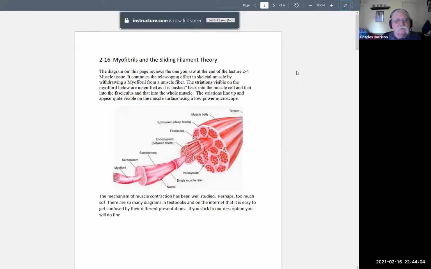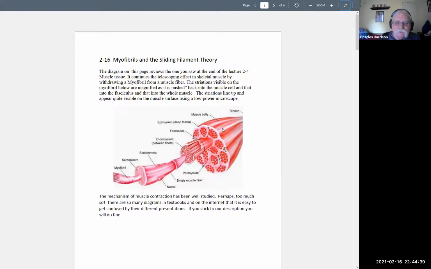This picture should look familiar. This was the last picture that you saw from the last lecture. I reproduced it here so that we'd have a sort of review and a starting point. This is the belly of the muscle. The tendon is off screen. That attaches the muscle to bone.